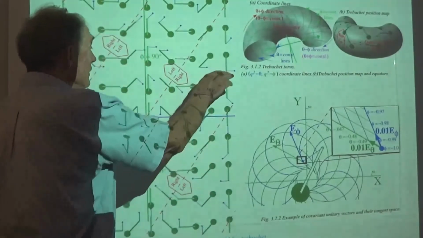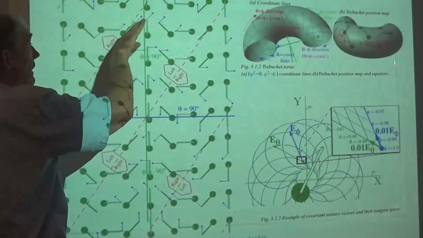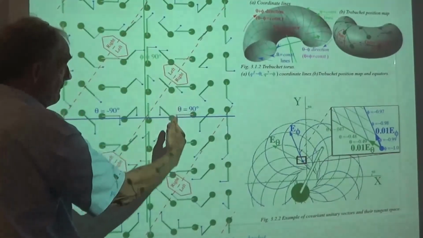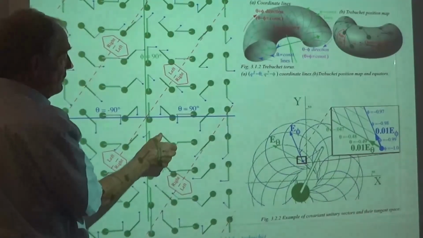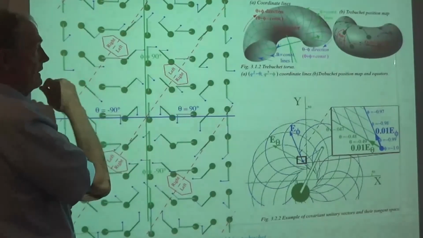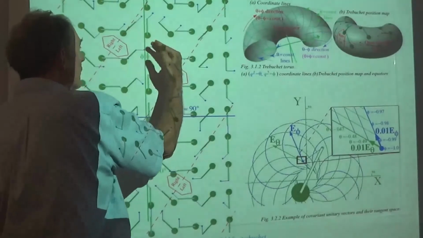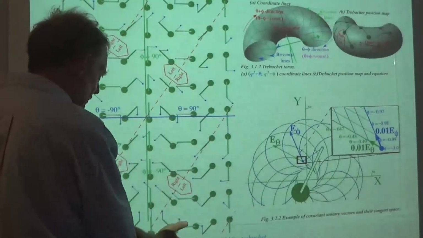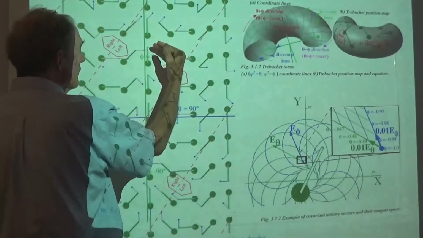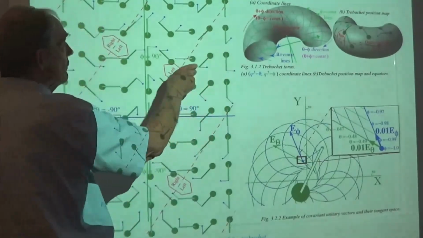So phi's all constant here, 0. Phi's a little higher right there. And then as you go down the line here, the thetas are all the same. The position of the main beam of the trebuchet, theta, is 0 there, and then about 45 degrees or so, and then 90 degrees, and then 135, and so forth.